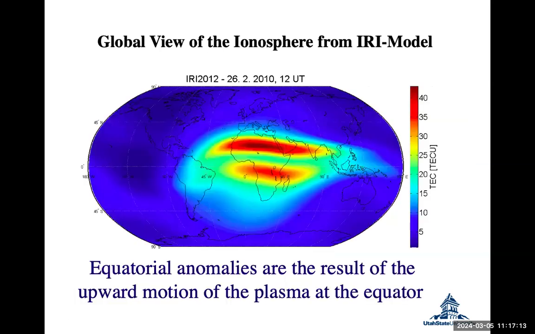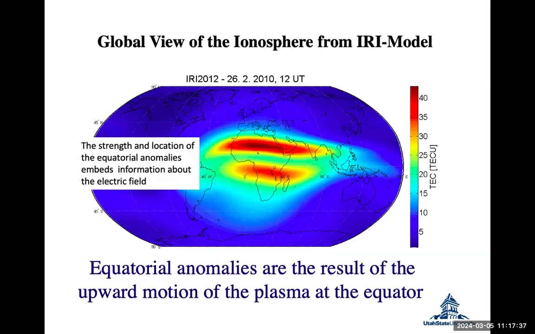So if we look at the morphology of the ionosphere, we see these crests on both sides here of the magnetic equator. The magnetic equator is roughly at this latitude here, and you see these enhanced densities on both sides. Now, the important thing here is that this was created from the electric field that's behind it.